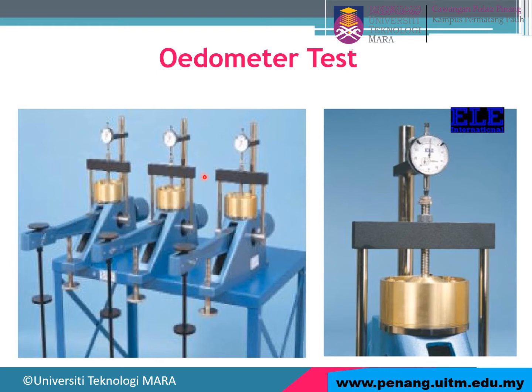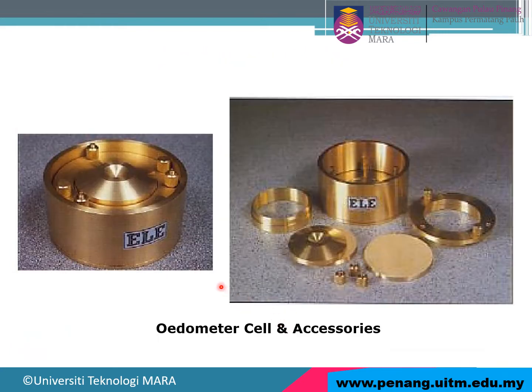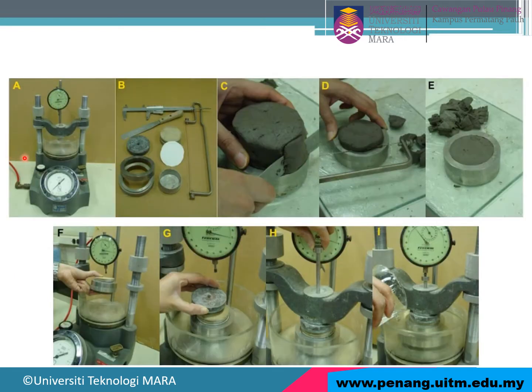You may go to the lab, and you can also refer to the link just now if you want to know how we conduct the odometer test. Just now you saw the apparatus, and this is the odometer cell and accessories. Right now we look at how we conduct the test. So this is the odometer apparatus sample, and these are the accessories.